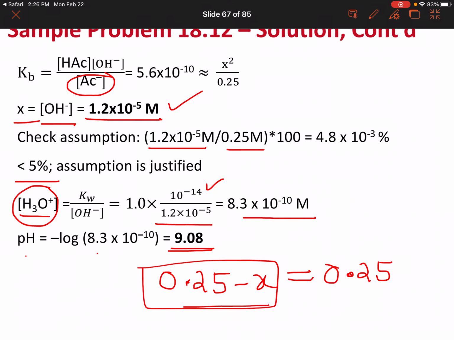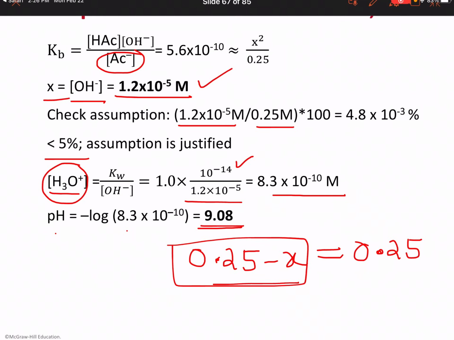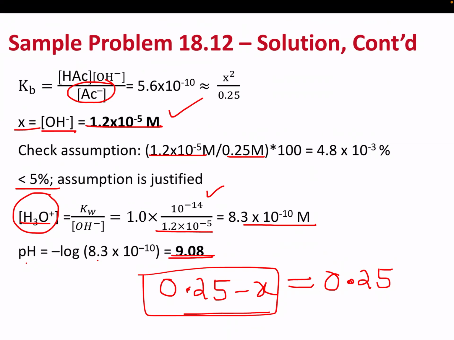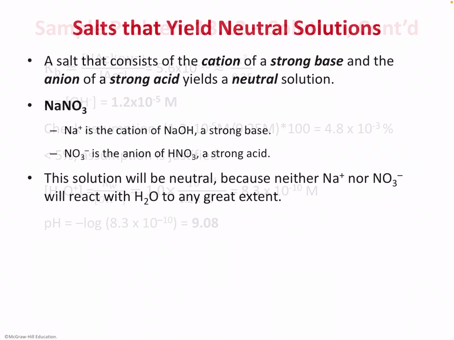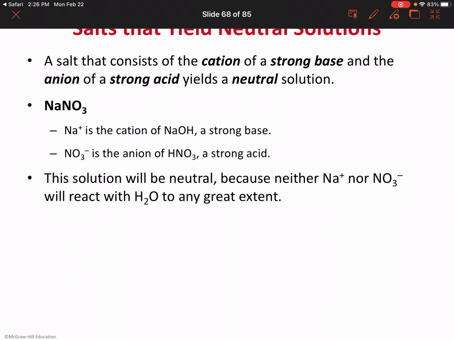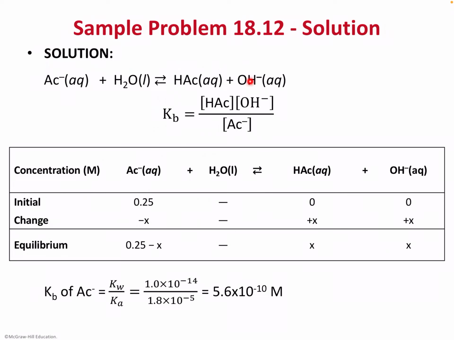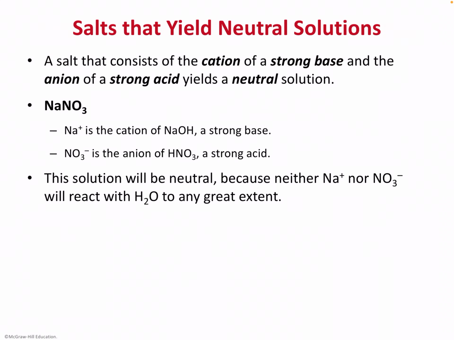Okay, remember in this equation, you see here acetate ion generates hydroxide ion. So the pH also reflected that, having a pH of 9.08. Okay.